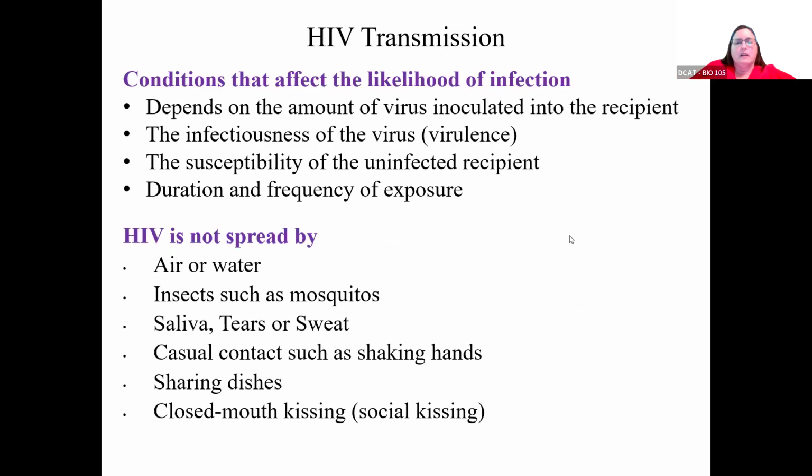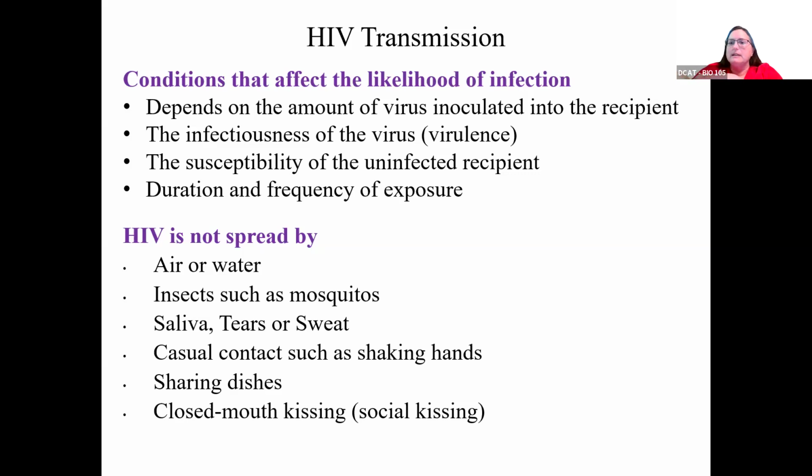Okay, so moving on with HIV transmission. Conditions that affect the likelihood of infection. It's going to depend on the amount of virus inoculated into the recipient. So what does that mean? Inoculated just means inserted or put in, okay?